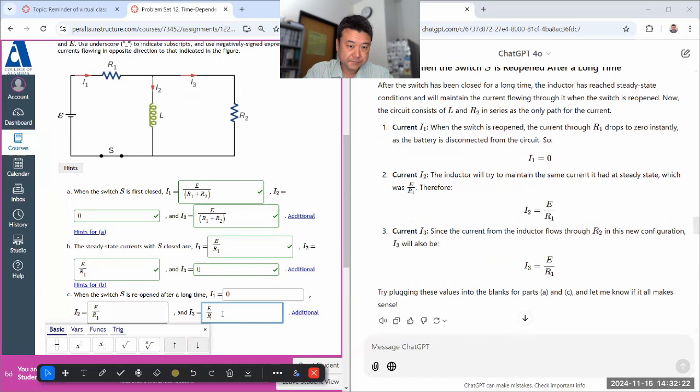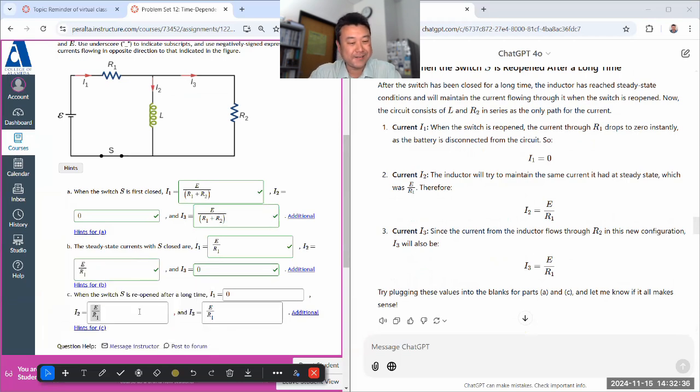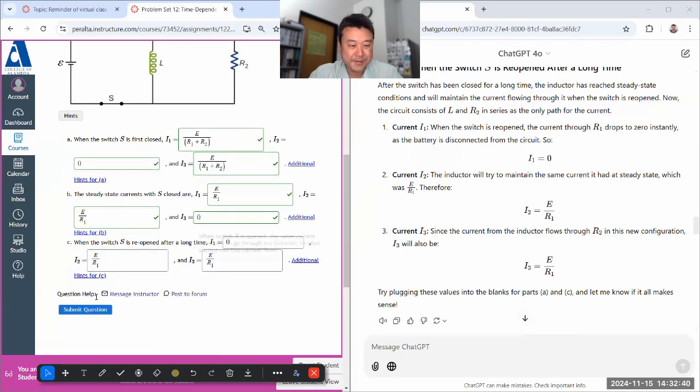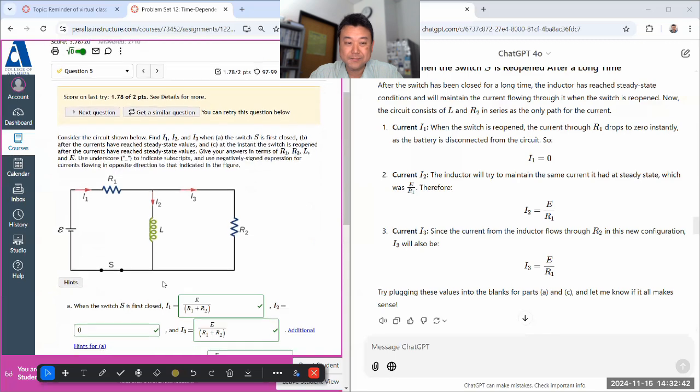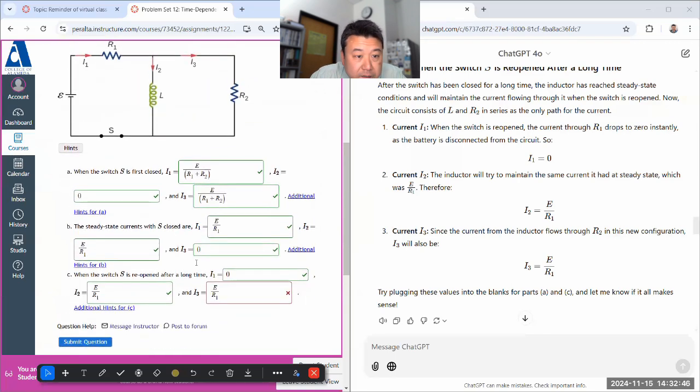Yeah, it's kind of trippy, interesting in that there's no current through R1. This value comes from this value, not from Ohm's law, and it's like when the switch is opened, that dependence on R1. Wait, did I miss I3?